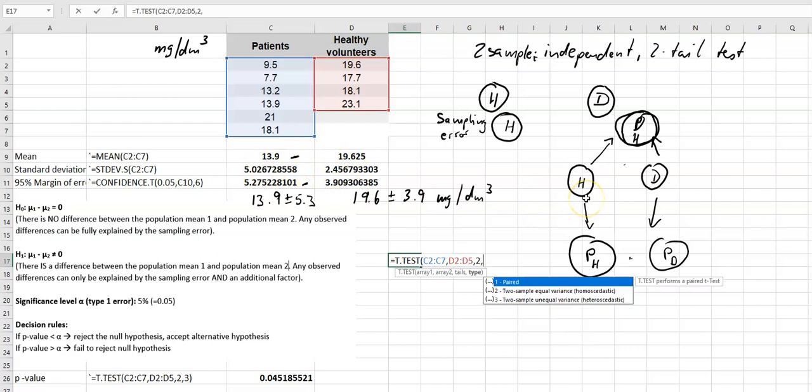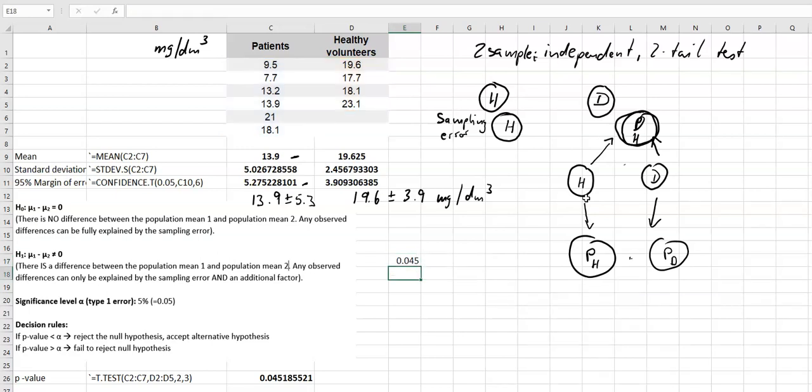So therefore we pick 3 as the option for this particular test. Close the brackets, and we get a p-value of 0.045. So 0.045, that's our p-value.